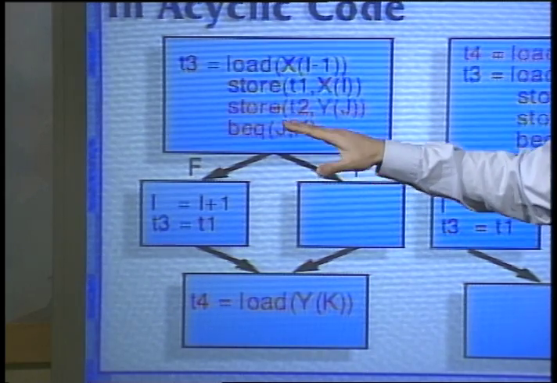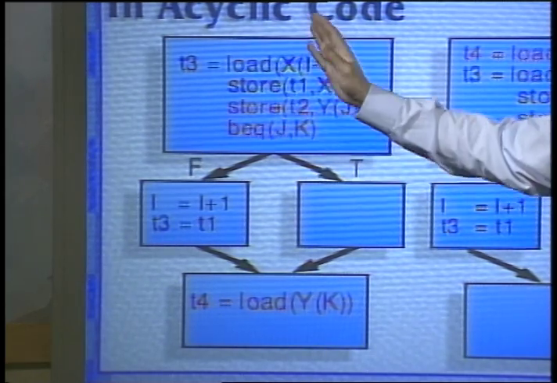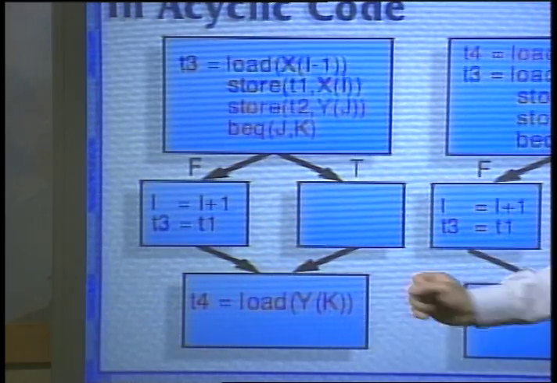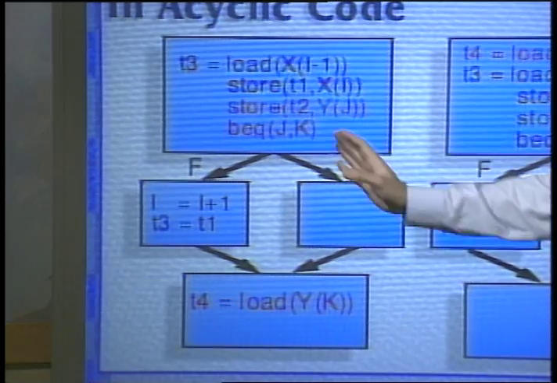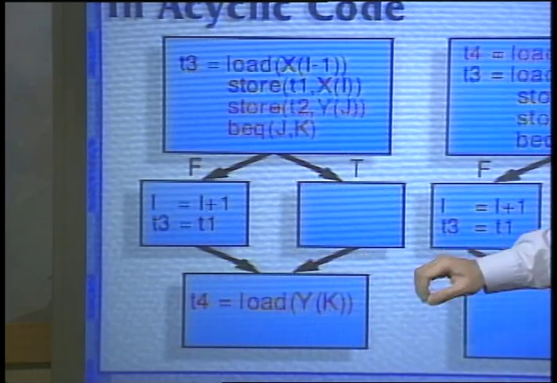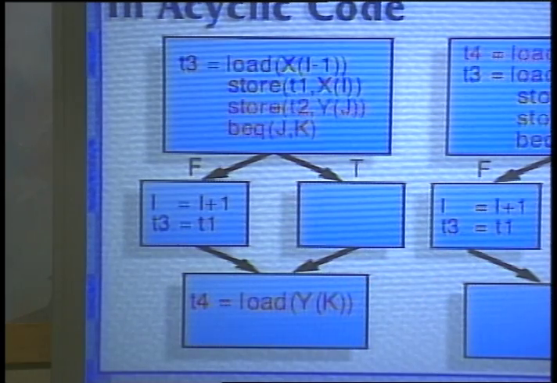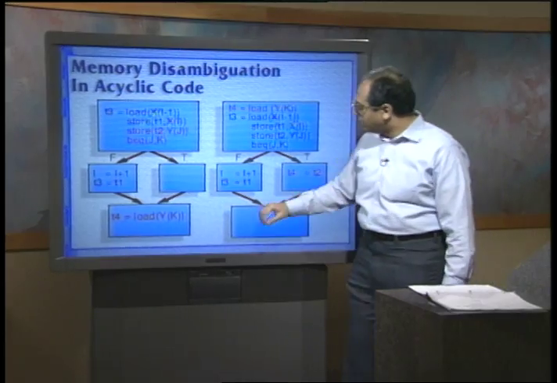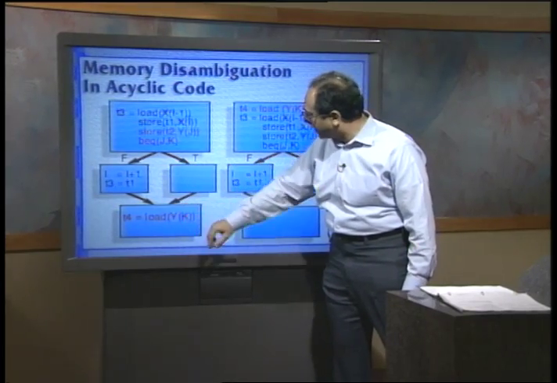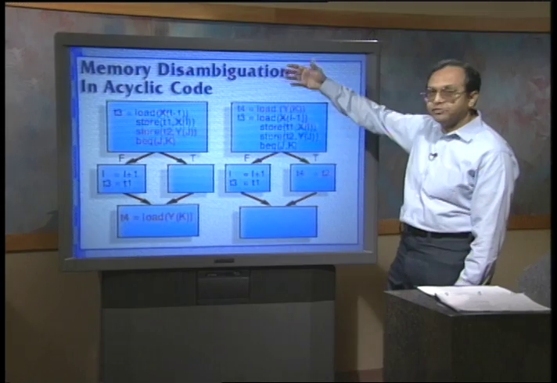So we can make use of this information to know that on this path, j is not equal to k, and on this path, j is equal to k. On this path, since j is equal to k, this load is from the same location as this store. We can eliminate it, replace it by this copy operation. On the other path, we are guaranteed now that j is not equal to k, and we can move it up and, in fact, beyond the store.